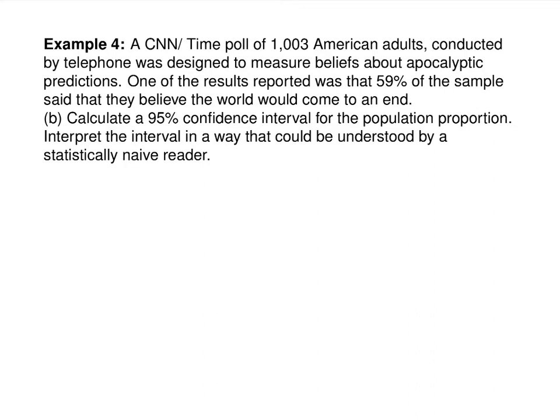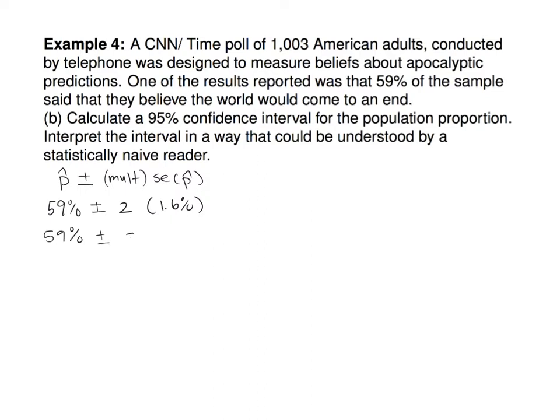So the confidence interval is given by the proportion, plus or minus our multiplier, times the standard error of your proportion, which is 59% plus or minus 2 standard deviations, times 1.6%. 59% plus or minus 3.2%, which is 55.8% to 62.2%.